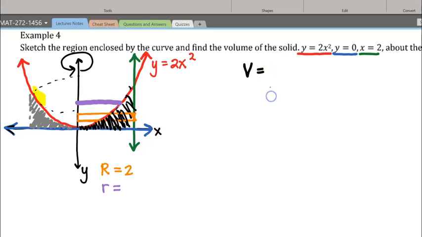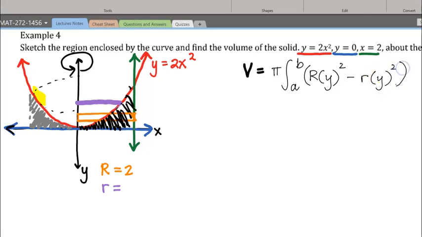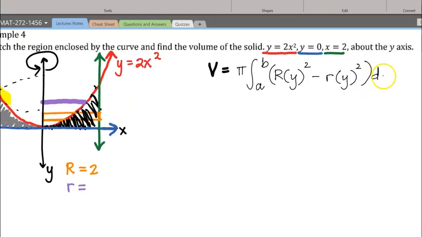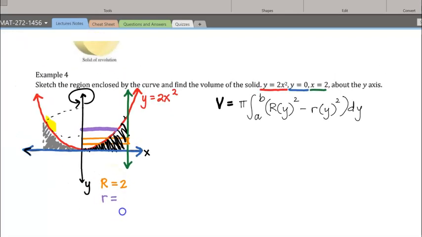That means when I go to set up my volume integral, I need volume equal to pi times the integral from a to b. Everything on the inside now needs to be written in terms of y. So I'm writing this as capital R of y minus little r of y, squared, dy, to really emphasize that when we find our capital R and our little r, they need to be written in terms of y.